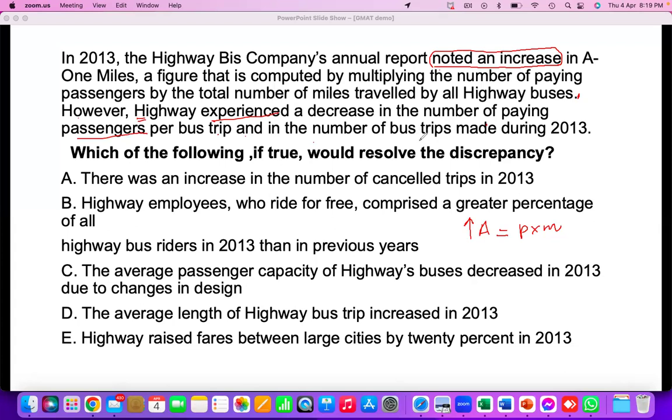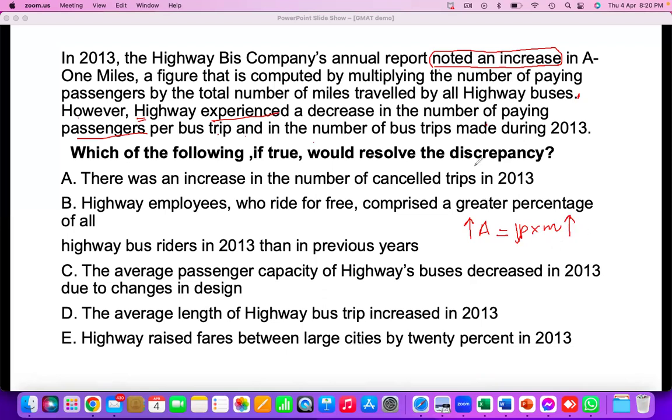Are you with me, Ronak? So P has decreased, so the only logical conclusion is M must have increased. Simple, Indrani. A is equal to P into M. A has increased, P has decreased. So what is the assumption? M must increase.